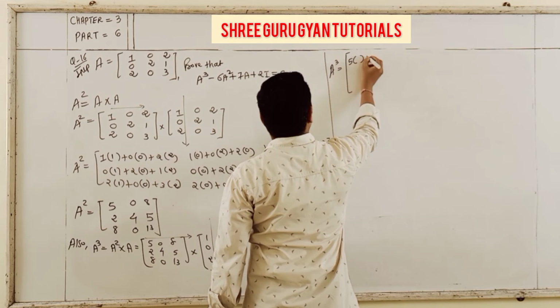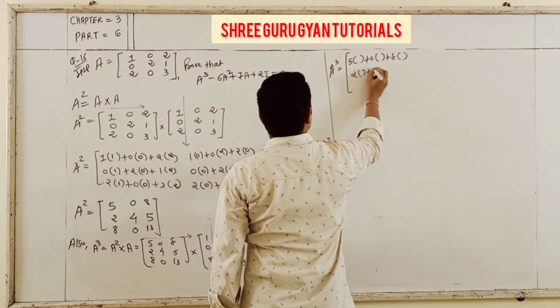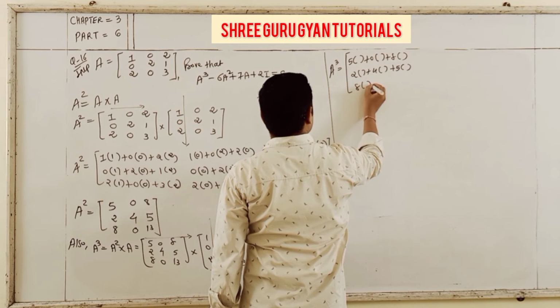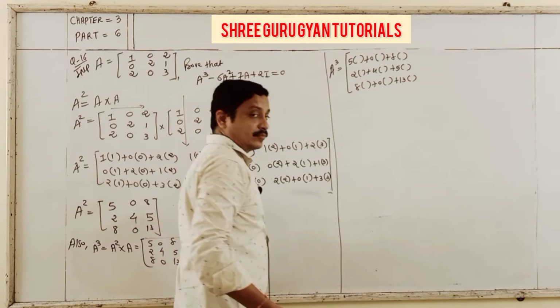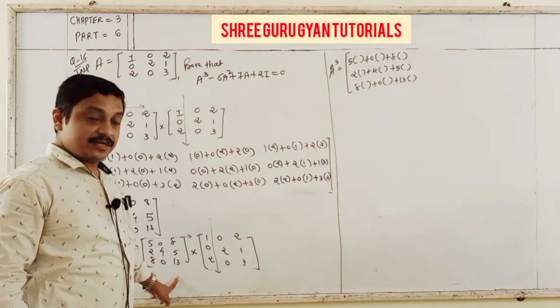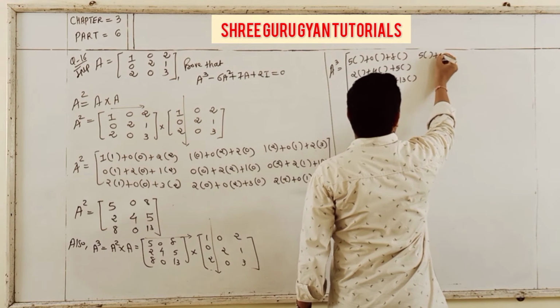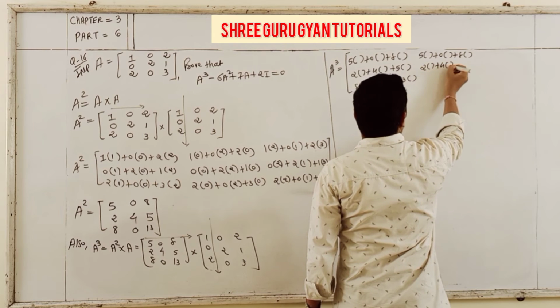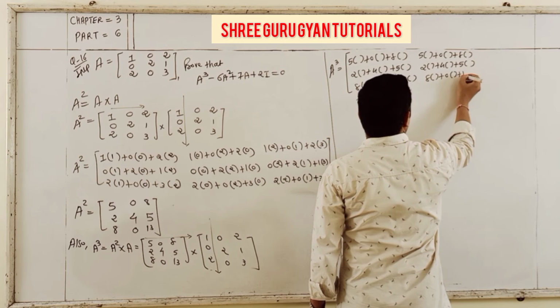5, 0, 8. I will show it in the empty bracket format. This is an errorless process. 2, 4, 5 and 8, 0, 30. The same, students, we write down three times: 5, 0, 8, then 2, 4, 5, and 8, 0, 30.